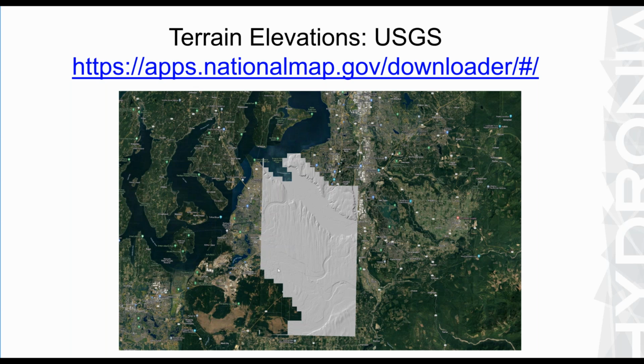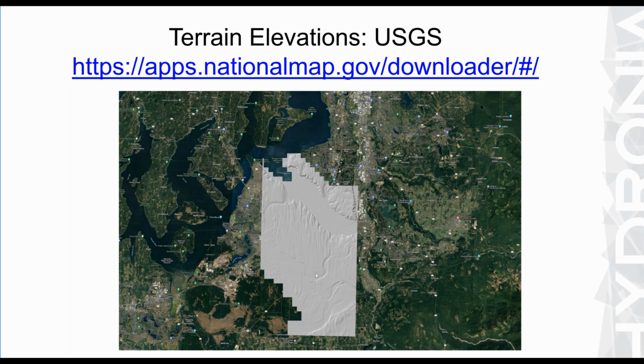I picked this location because it has a terrain that is kind of peculiar. And also there is a port down here, the Tacoma port. But again, everything here is public information, and some of it is just for illustration purposes, as you will see.